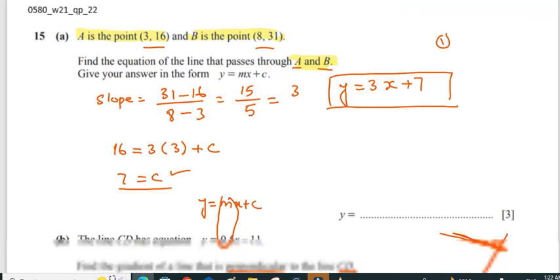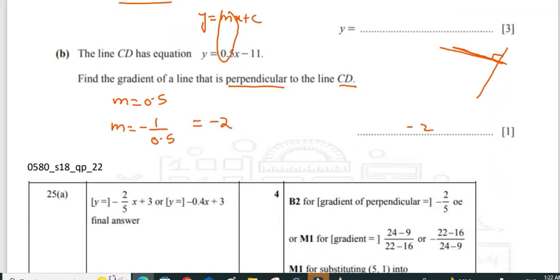Similarly, in the next question, it says that the line CD has this equation. You have to find the gradient of the line which is perpendicular to CD. You know that the slope of CD is 0.5.